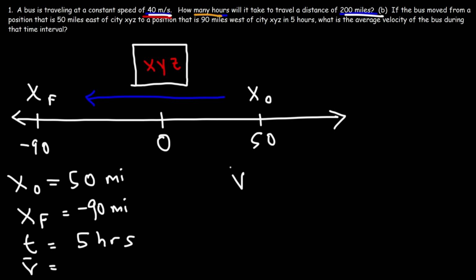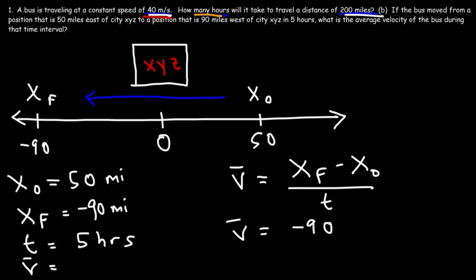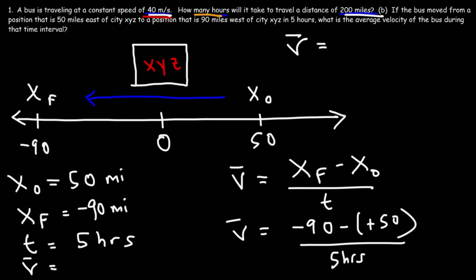Well, we know that average velocity is displacement over time, and displacement is the change in position. X final minus X initial, whenever you're dealing with motion along the x-axis, and then divided by the time. So the final position is negative 90, the initial position is positive 50, the time is 5 hours. So negative 90 minus positive 50, that is negative 140.